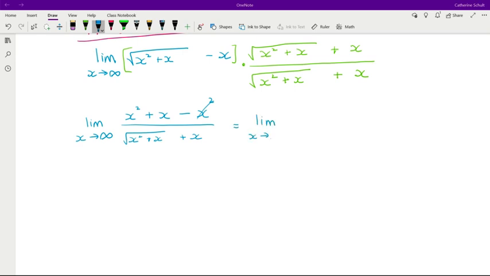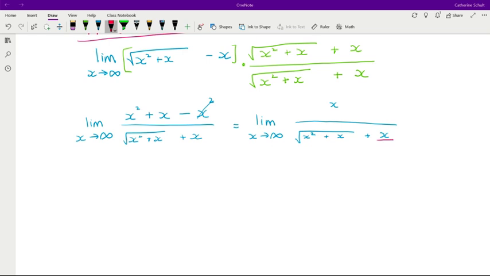And now I'm looking, what's the highest power in the denominator? Well, I see an x squared in there, but it's an x squared underneath the square root. So really that's just behaving as x.